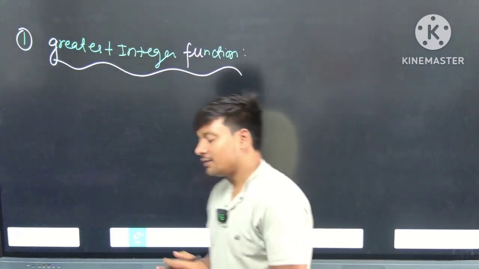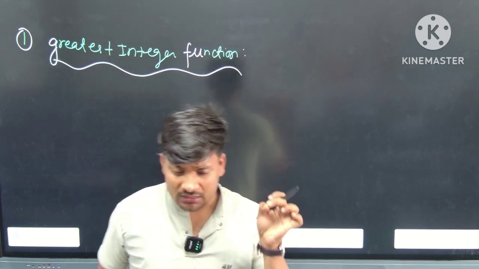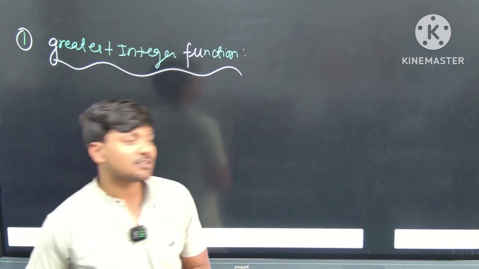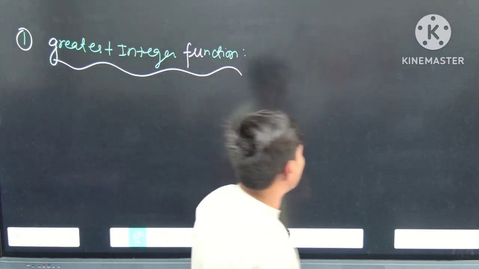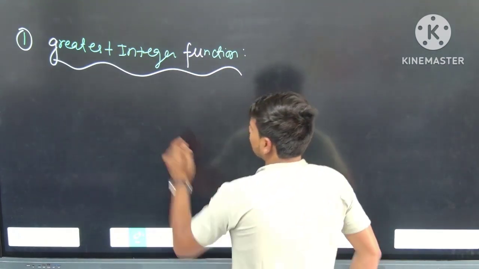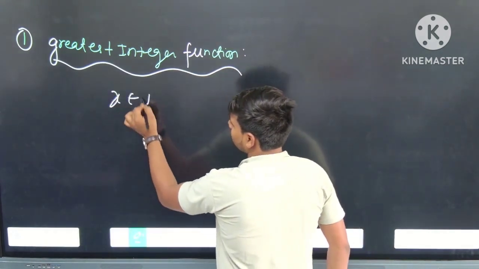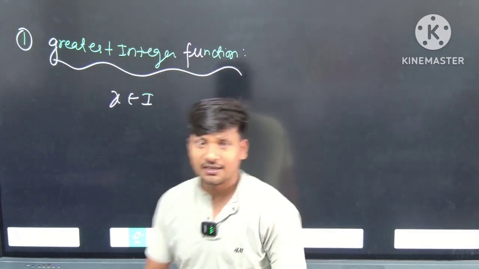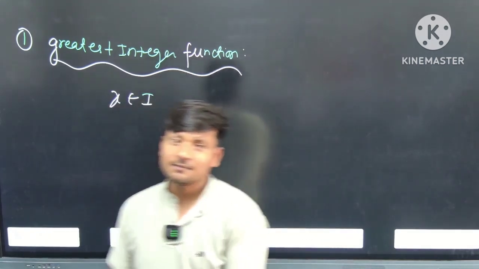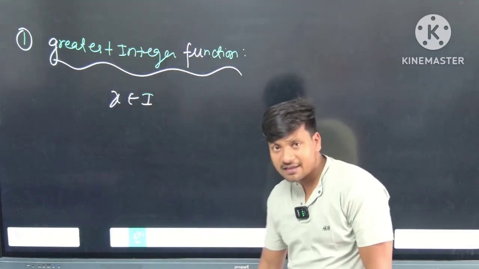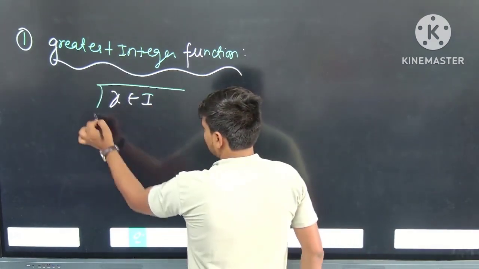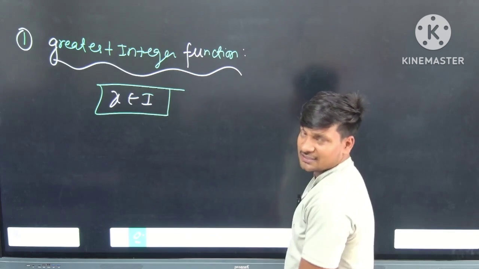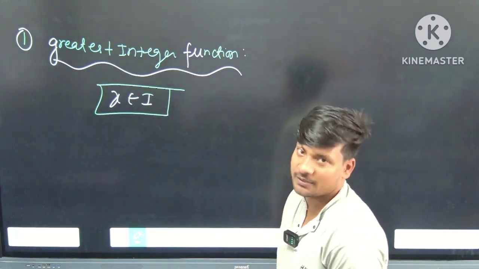And the necessary condition for differentiability is continuity. If a function is not continuous at some given point, then the function will not be differentiable at that point. So for x belonging to the integers, if x is an integer, then the function will not be continuous and hence not differentiable.